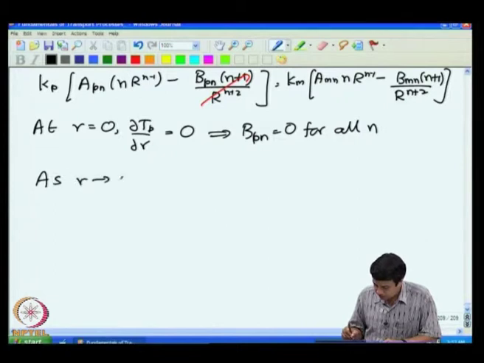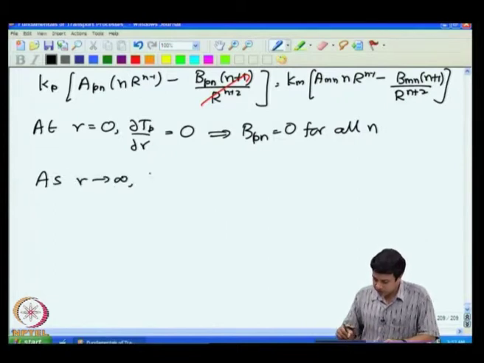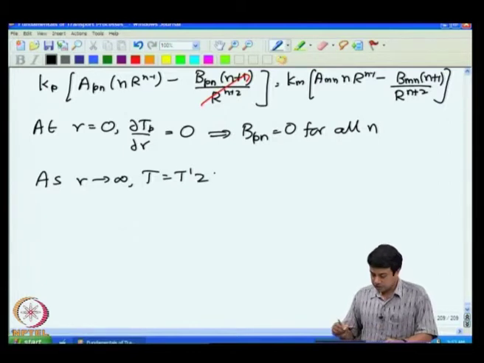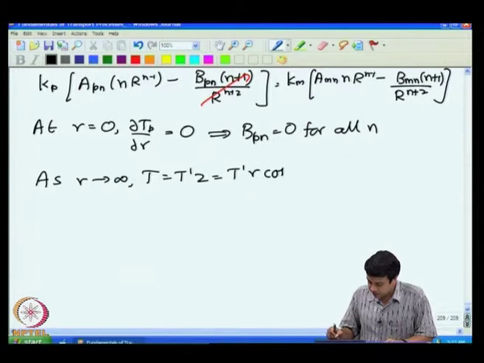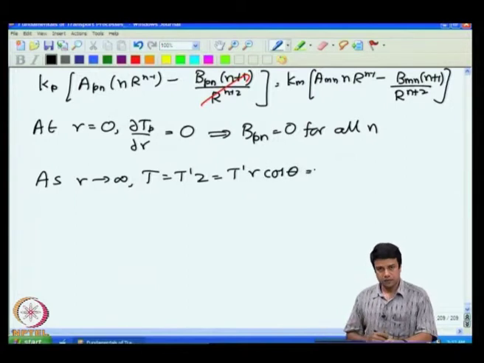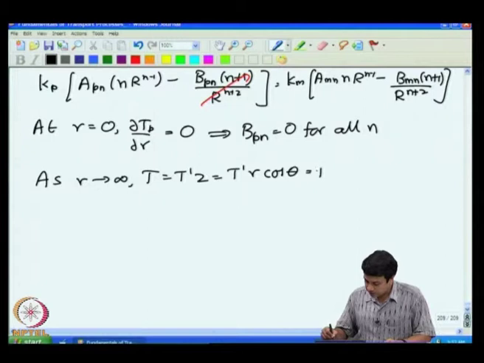As r goes to infinity, I require that T is equal to T prime z. Z is equal to r cos theta, so T prime r cos theta, which is equal to T prime into r into P1 of cos theta.